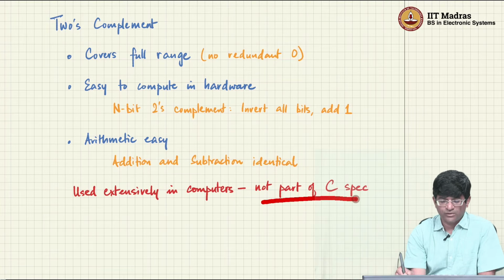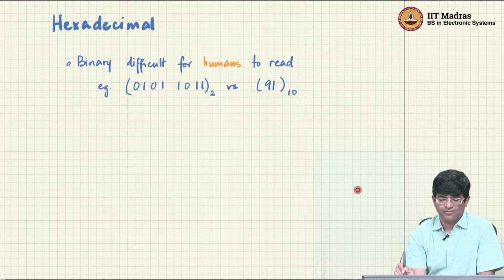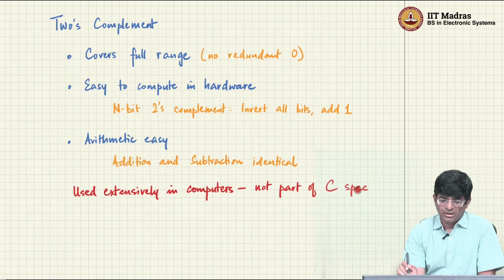This is not part of the C language specification, right? So you don't, strictly speaking, need to know or care about how numbers are represented as negative numbers when you are writing a program in C, right? But having said that, it is relevant enough in the context of embedded systems and so on that knowing this notation has implications for how you interpret numbers later, right?